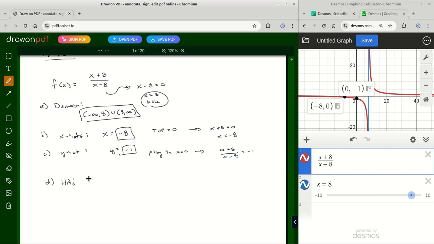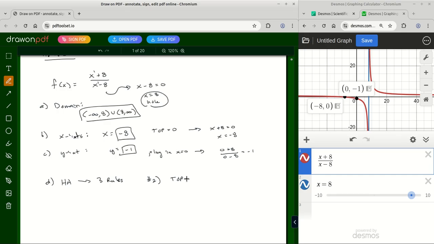Horizontal asymptote. It's a singular. And so what we're going to use are the 3 rules. We could probably get that from Desmos, but I'm going to go ahead and try it here, okay? So if you remember, there's 3 rules as to the degrees of the top and bottom. Well, notice that this is a 1 and this is a 1, so they're the same on both the top and bottom. That's rule number 2.